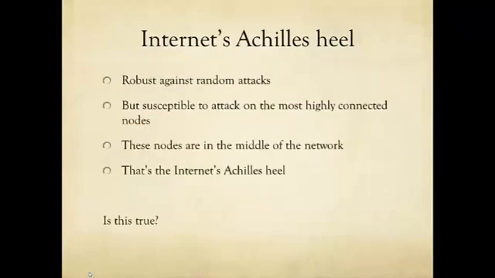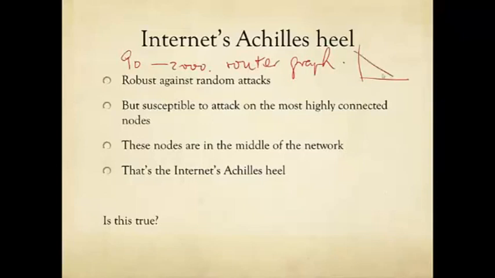All right, now back to the scale-free network and the Achilles heel of the internet. In the late 90s to 2000, certain researchers discovered that, hey, the internet router graph also exhibits this straight line on log-log plot.